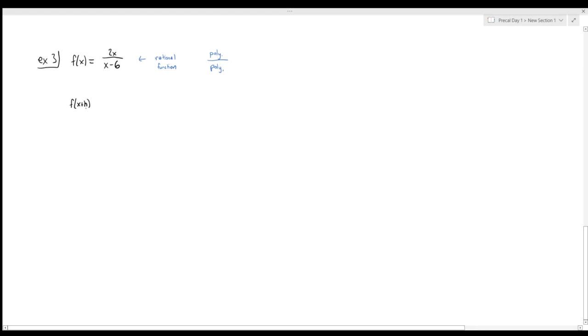So to start with, let's look at what f of x plus h would be. I'm just going to replace each x in the original formula with an x plus h.